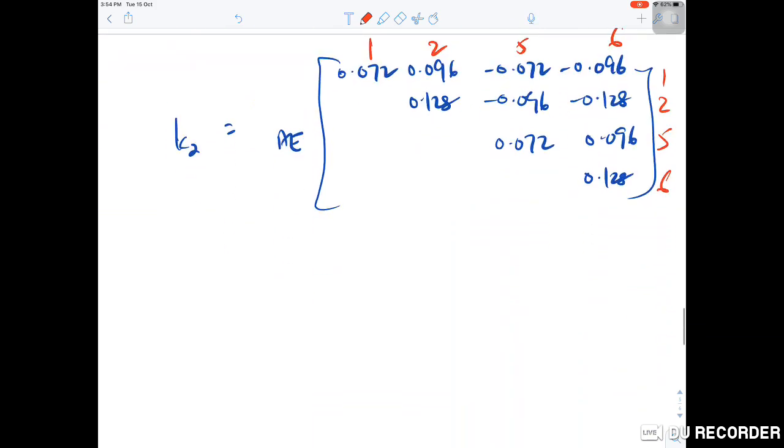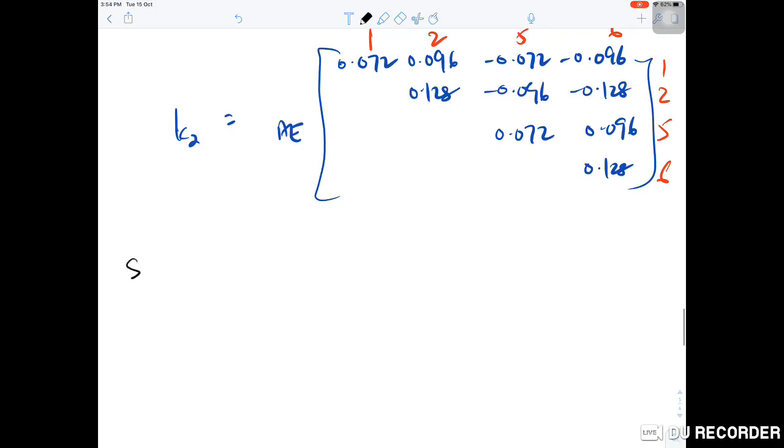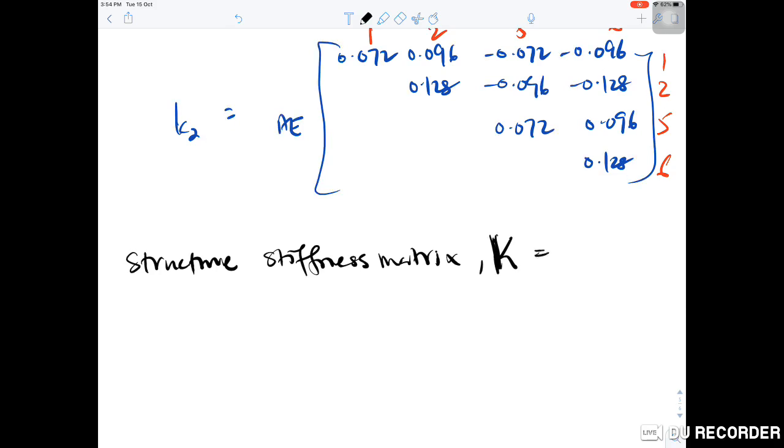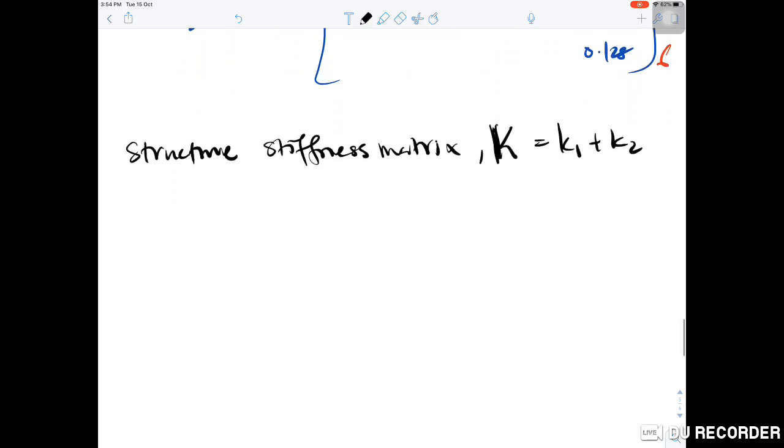Okay, the question is, we need to establish the structure stiffness matrix, capital K, and capital K is equal to K1 plus K2. K is 6 by 6 because there are three nodes times 2, total is 6.